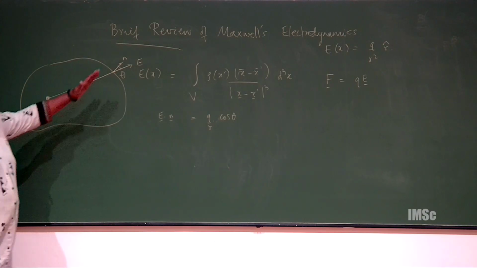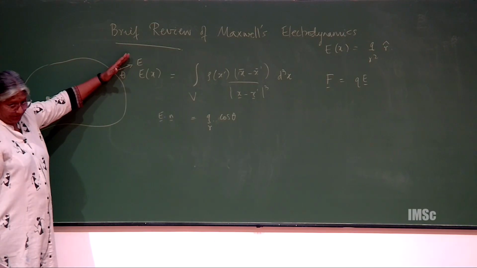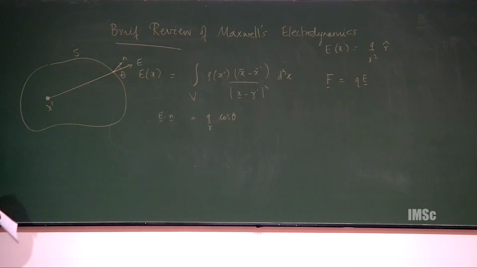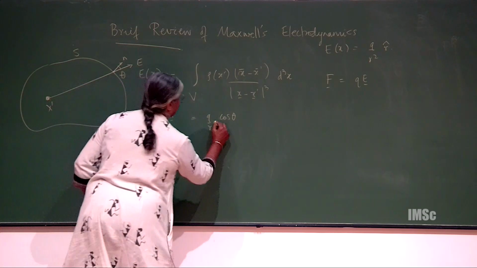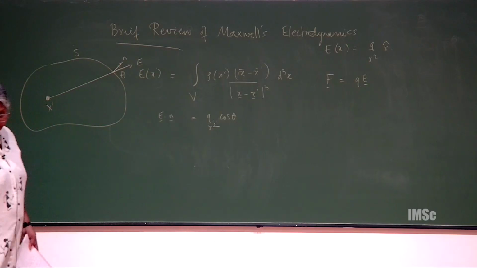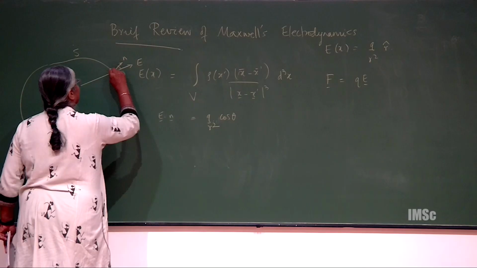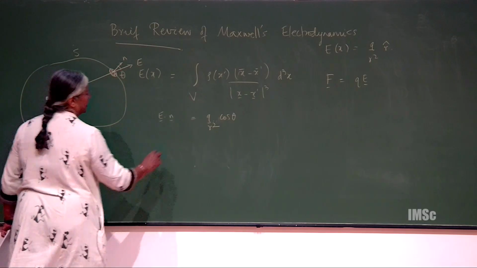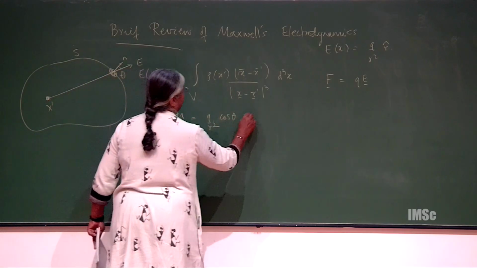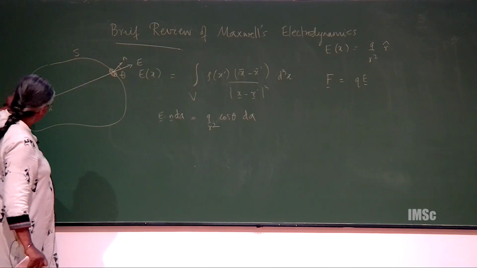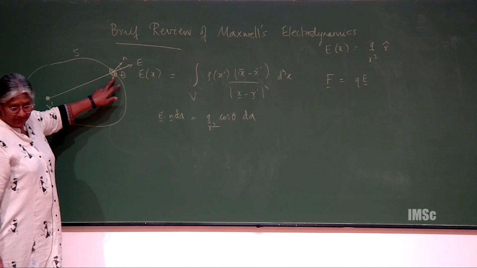So the perpendicular component of the electric field on the surface, so this is the surface S, is simply Q by R squared cos theta, right? Now I say that I want to look at the field in a little surface dA. I want to sum up over this whole surface, right? So I want to sum over this surface by integrating over this little dA.